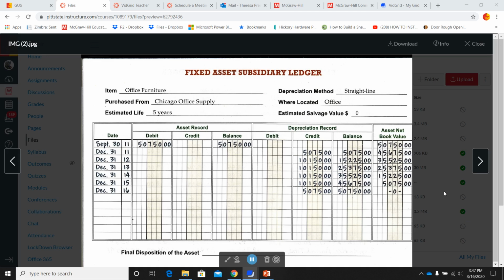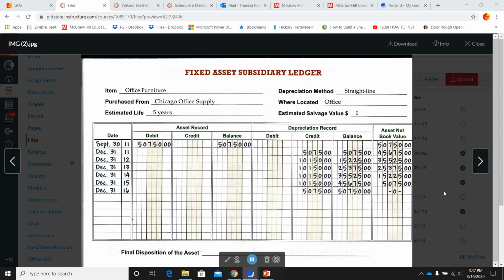Now, normally when you record depreciation and you're using straight line, you would divide the whole amount, $50,750, by 5 and come up with a dollar amount to record each year. However, Warren Sports Supply uses a different method, where in the first year they take half of a full year's depreciation.